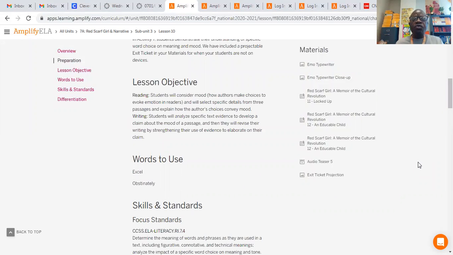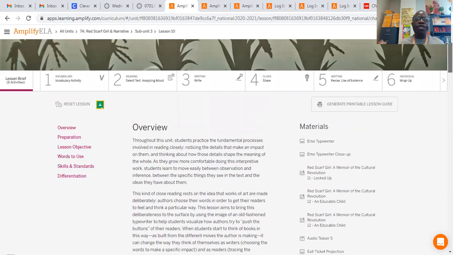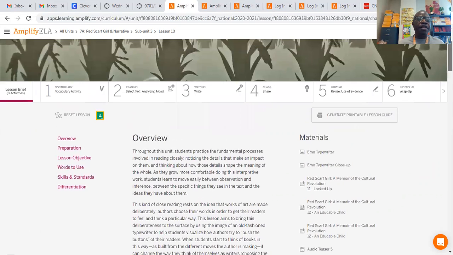Writing: students will analyze specific text evidence to develop a claim about the mood of a passage, and then they will revise their writing by strengthening their use of evidence to elaborate on their claim. This is a very important lesson, and I want everybody to pay serious attention and do the right thing.